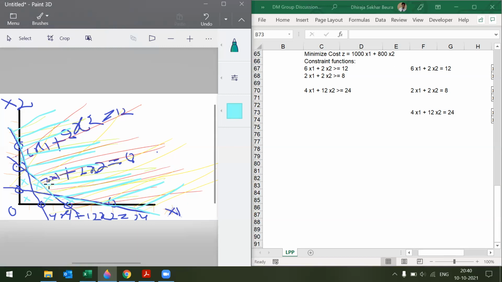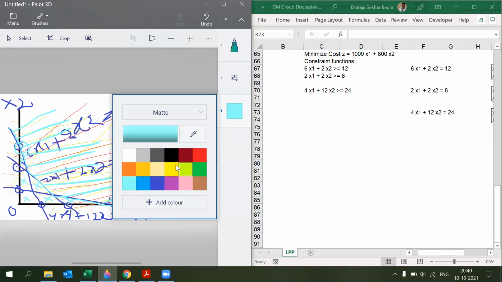Okay. Now, let's find out the extreme points. Point number A is this one. Let me change the color a bit.